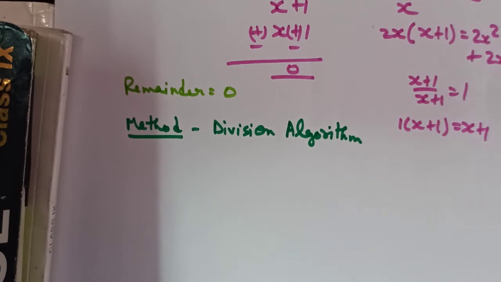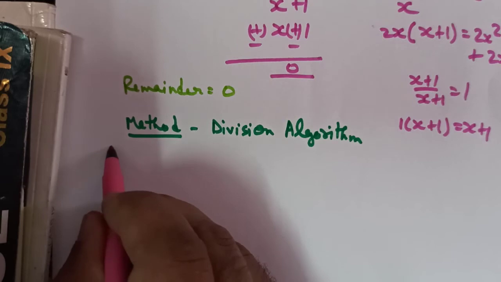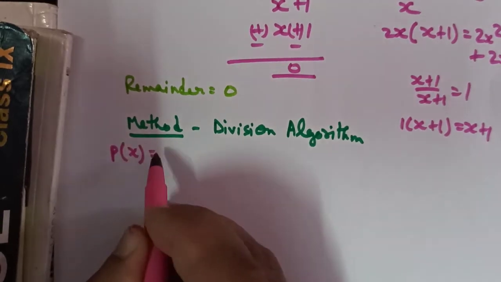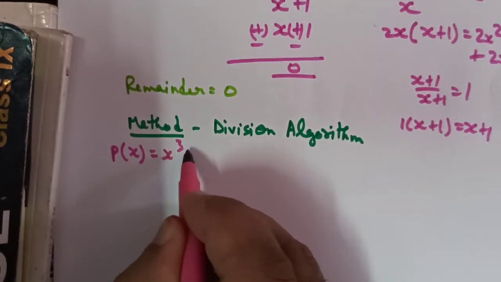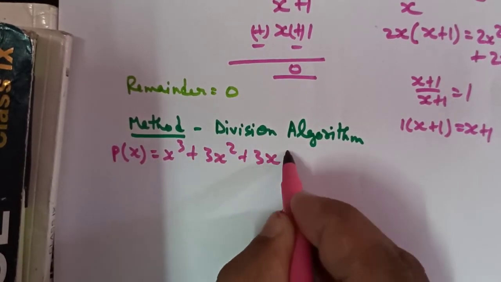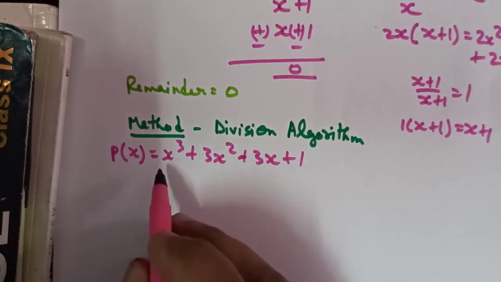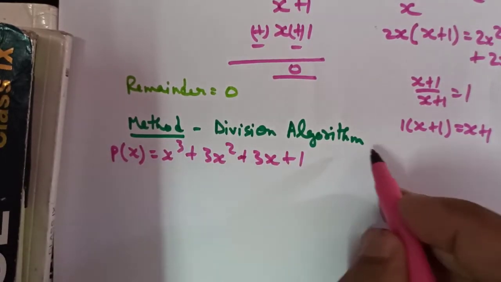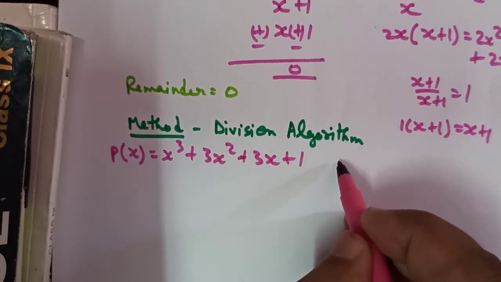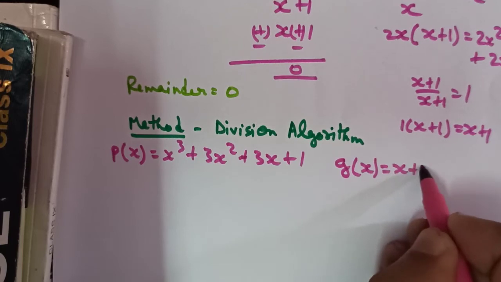So in this method we are given the polynomial. Let us write the values first. The polynomial p(x) is given, that is x cube plus 3x square plus 3x plus 1. And let's take the divisor as g(x), which was given as x plus 1.